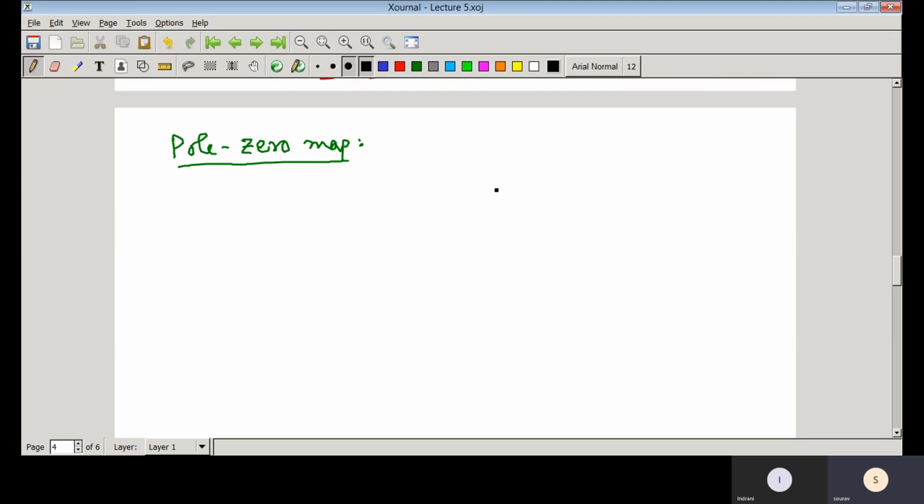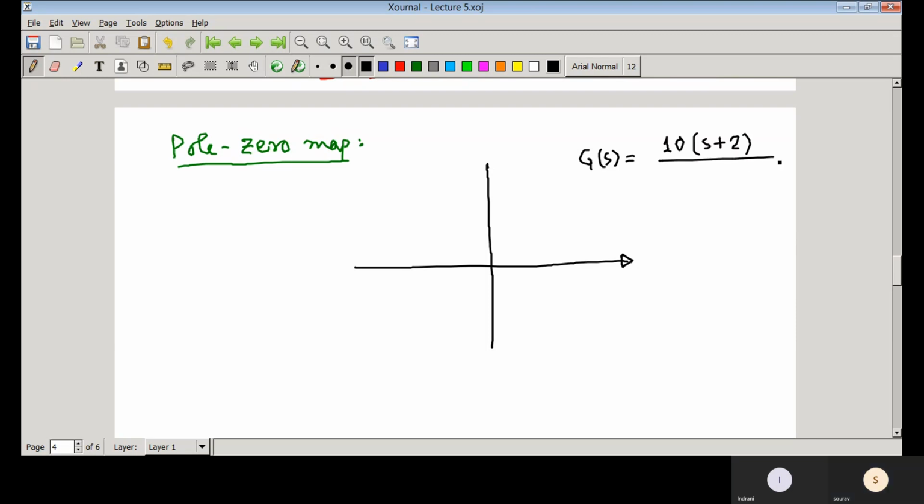So let us see the pole zero map of this above function. So here the G(S) that we have taken is 10 (S plus 2) over S plus 1 and (S plus 3) whole square.